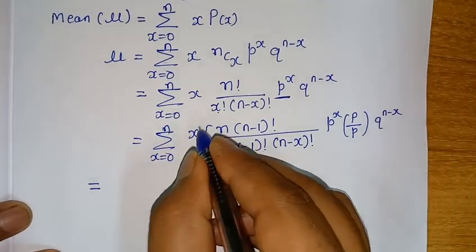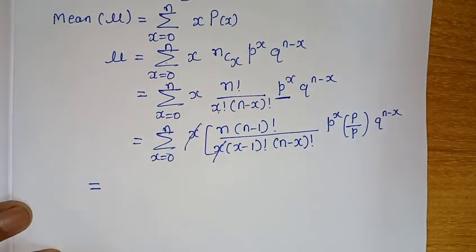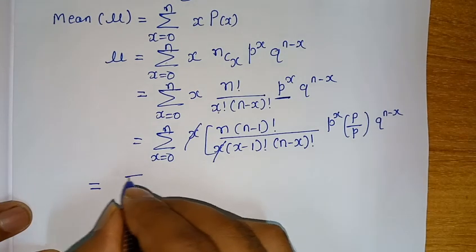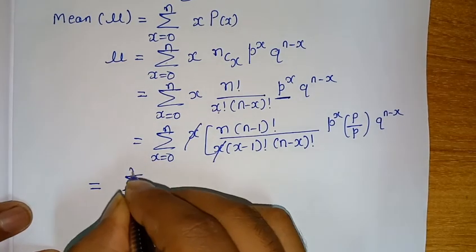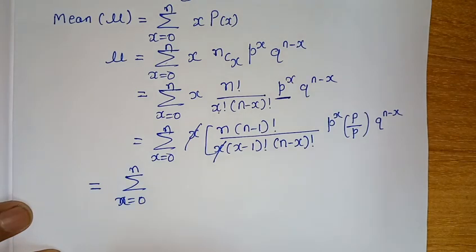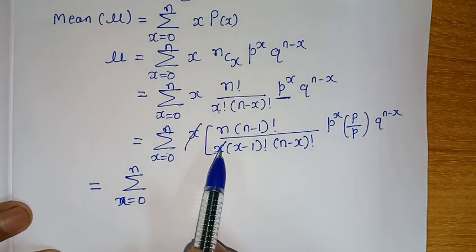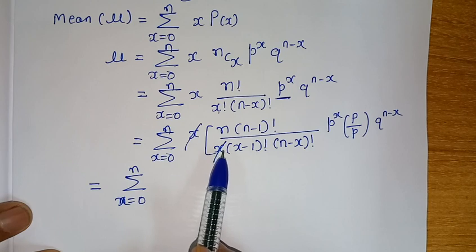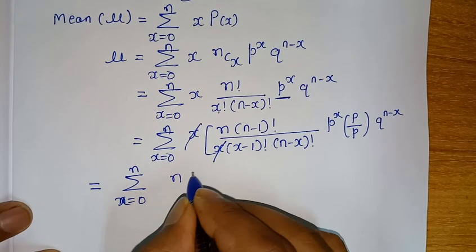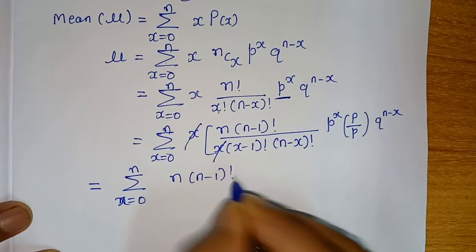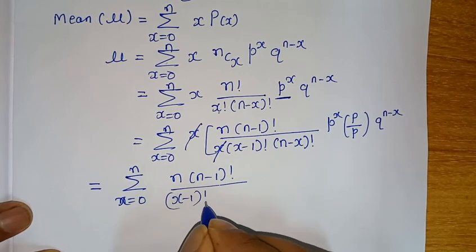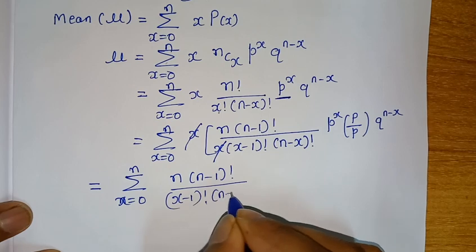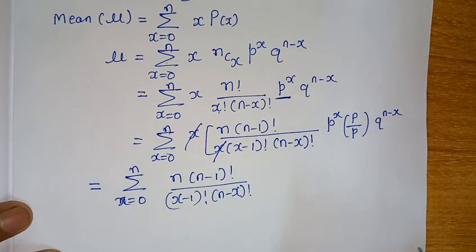Just see here, this x cancels. Summation x equals to 0 to n. We have cancelled x and x. So what are we left with? N into n minus 1 factorial divided by x minus 1 factorial into n minus x factorial.